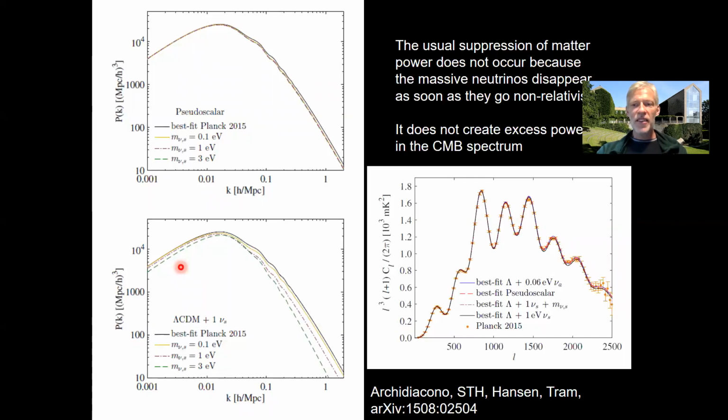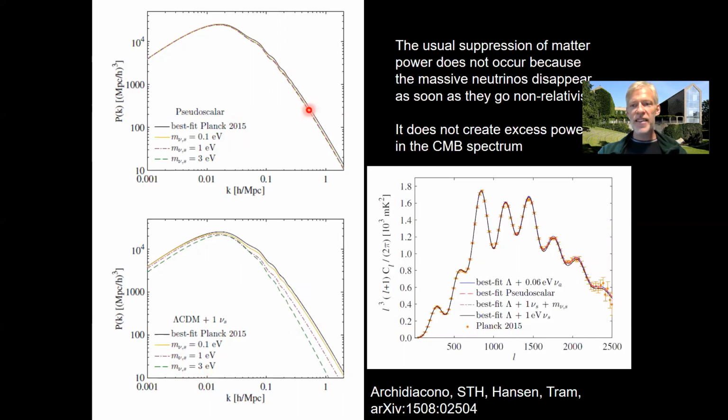Basically, once it goes non-relativistic, it will start pair-annihilating into these new pseudoscalars that are very light. And if you look at a sterile neutrino scenario in the electron volt range, with just normal sterile neutrinos, you see this well-known and very strong suppression of the matter power spectrum on small scales. However, in this particular interacting model, you have hardly any suppression at all.